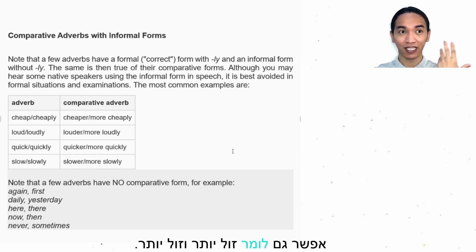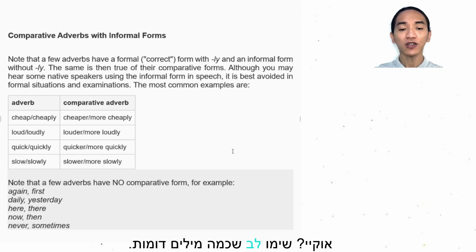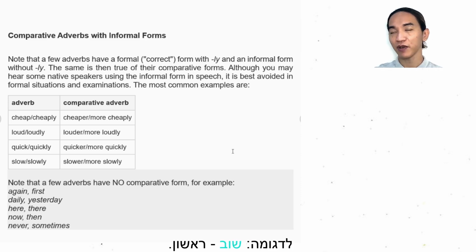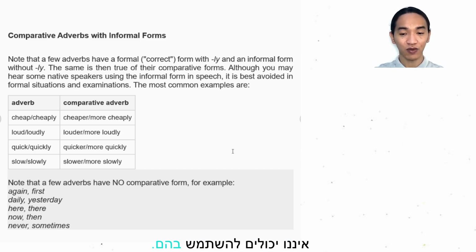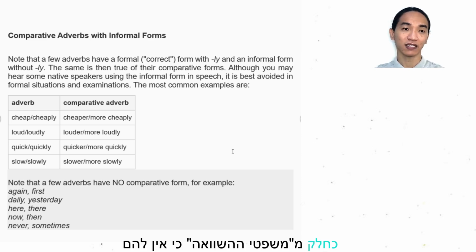But you can also say cheaper and more cheaply. Okay? So note that a few words have no comparative. For example, again, first, daily, yesterday. So as you can see here, we cannot use them as part of your comparative because they don't have a comparative form.